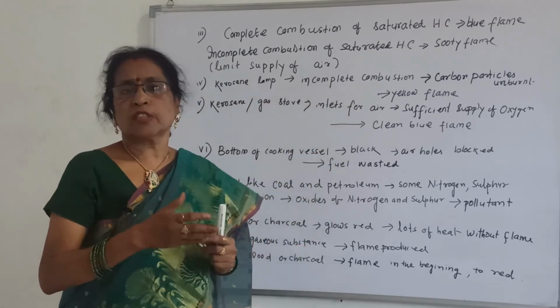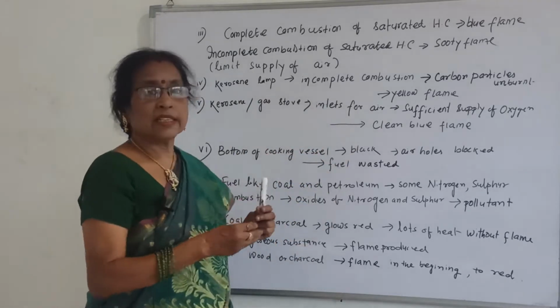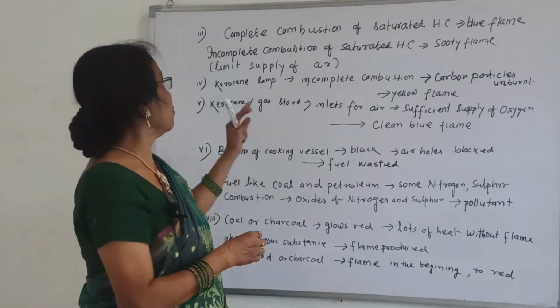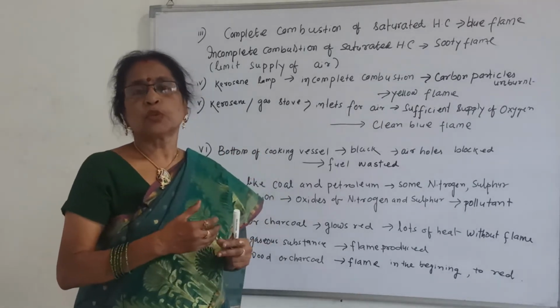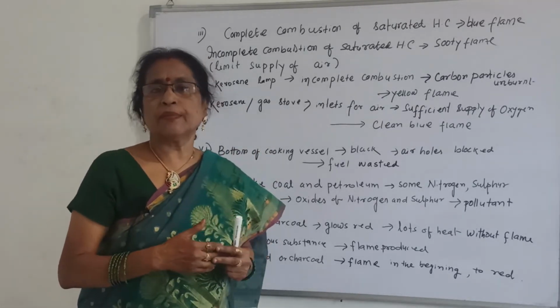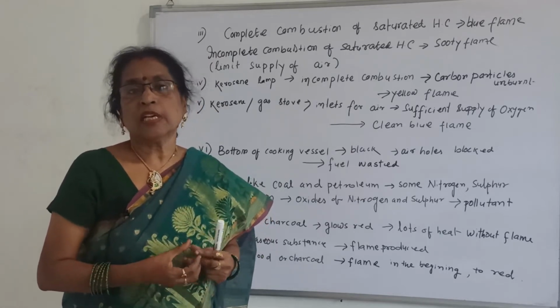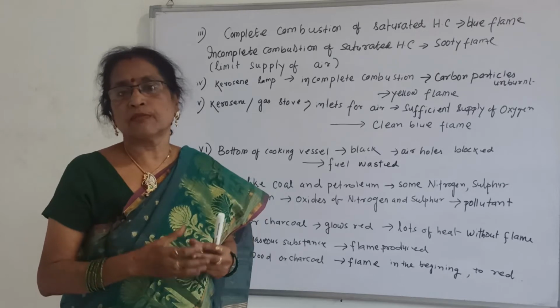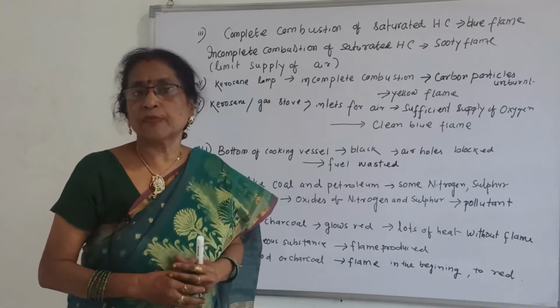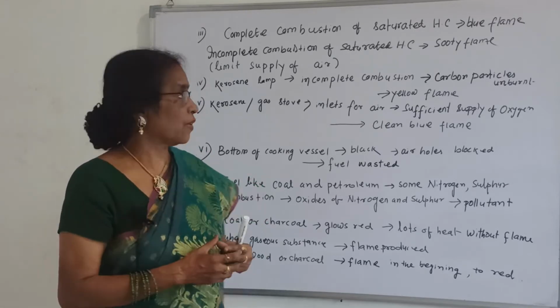When the oxygen supply is not in excess and is limited, it gives a sooty flame. What is called a sooty flame? When there is smoke and many carbon particles involved, and black flames are produced, that is called a sooty flame.